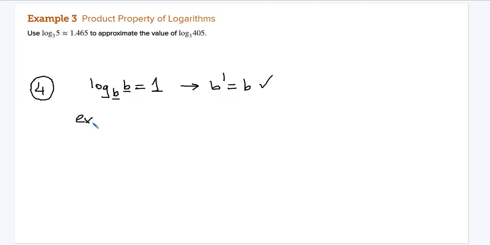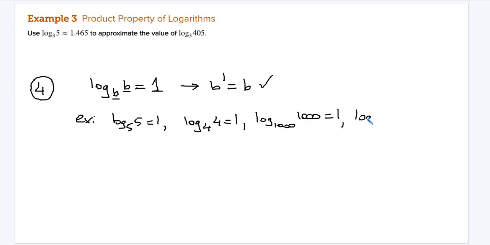For example, you have log base 5 of 5, that will be 1. You have log base 4 of 4, that will be 1. You have log base 1000 of 1000, that will be also 1, right? Or you have log base -7 of -7, that will be also 1.